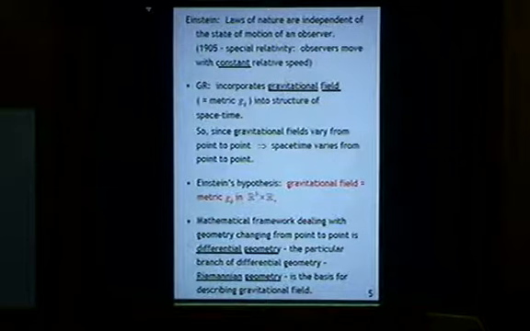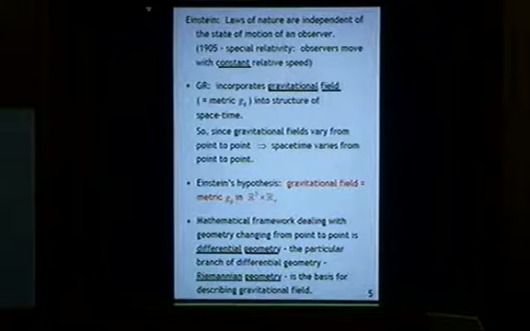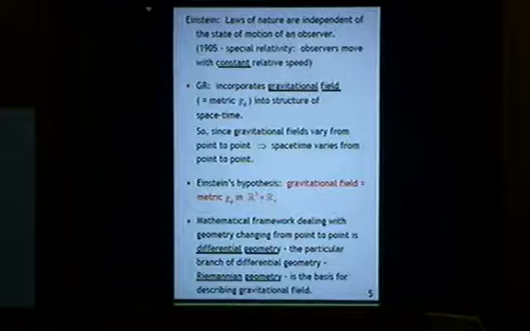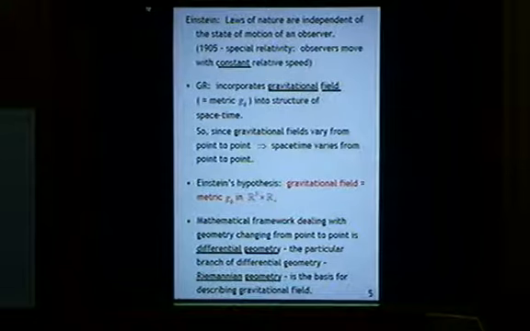General relativity incorporates the gravitational field into the structure of space and time. The gravitational field is the metric. Since gravitational fields vary from point to point, space-time has to vary from point to point.